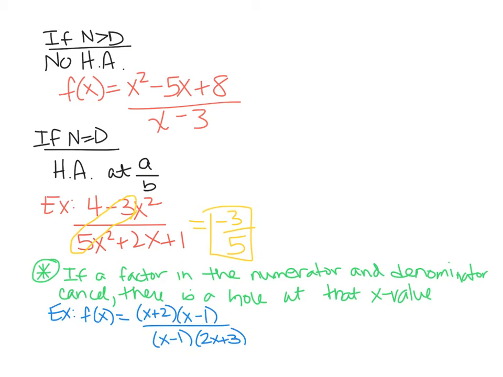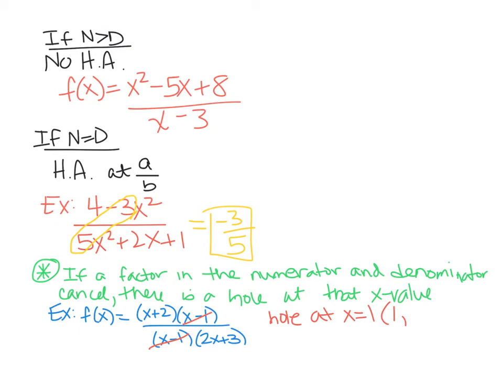You're going to find that that x minus 1 is going to cancel out. That means that there is a hole at x equals 1. You get that by setting x minus 1 equal to 0. You also sometimes might want to find the y value. It would actually occur at 1.